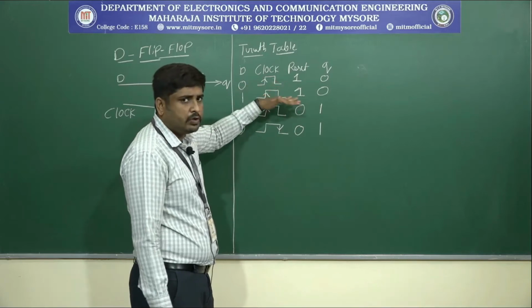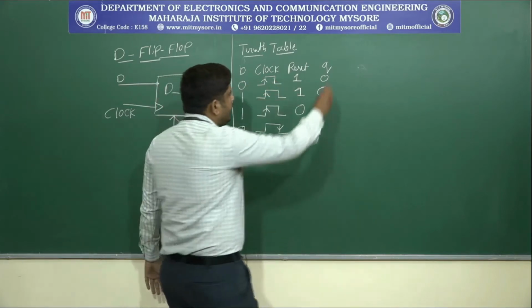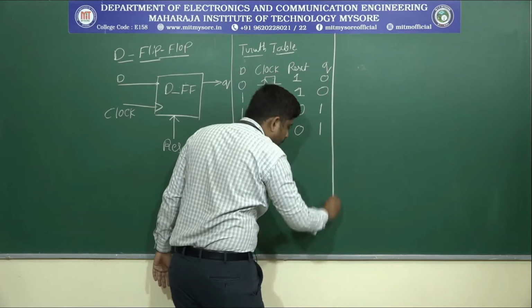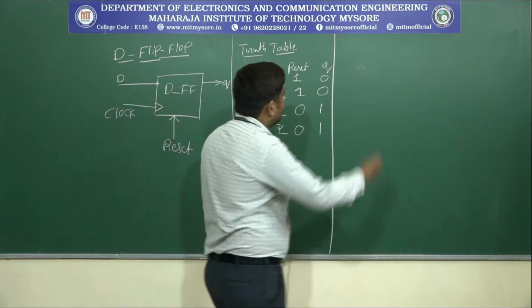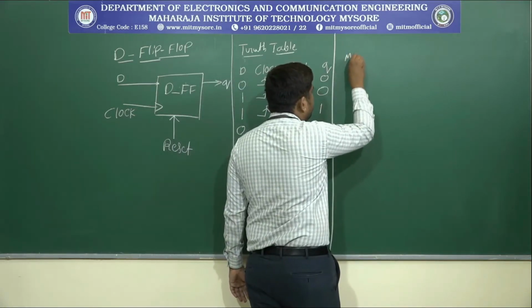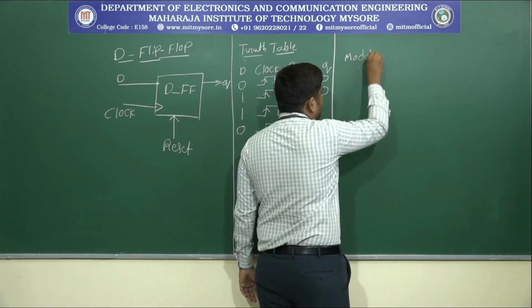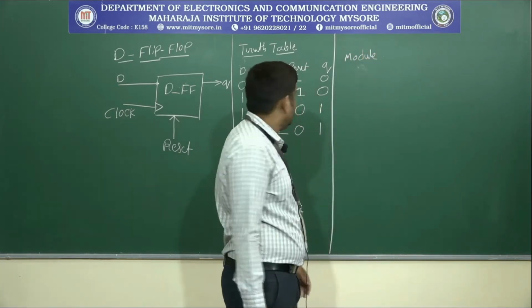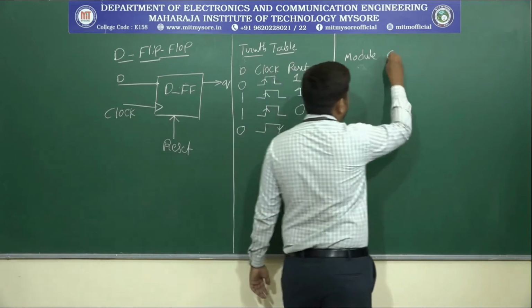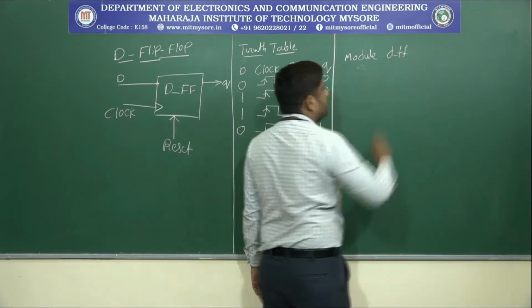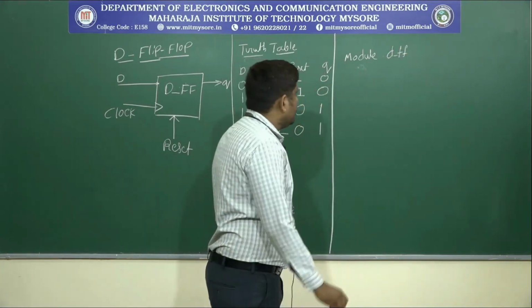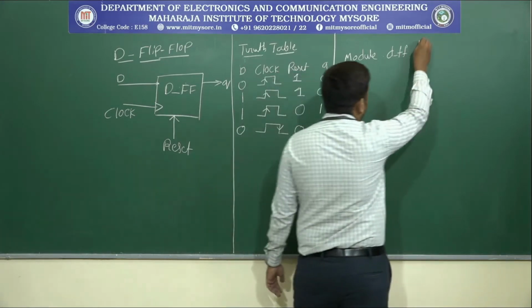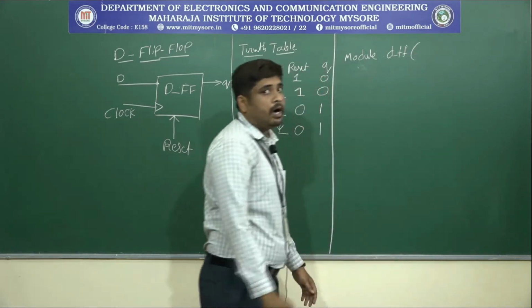Based on this truth table we have to write the module, the components of module. We always start with module, which is a predefined word. Name it D flip-flop; that is the name of the module. After the name of the module, you write the module terminals.